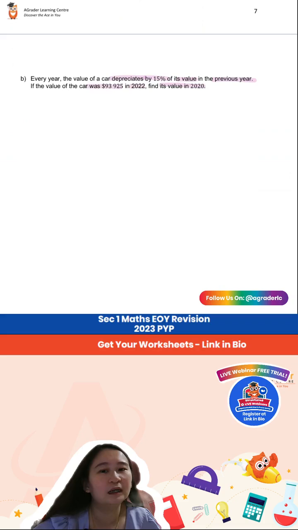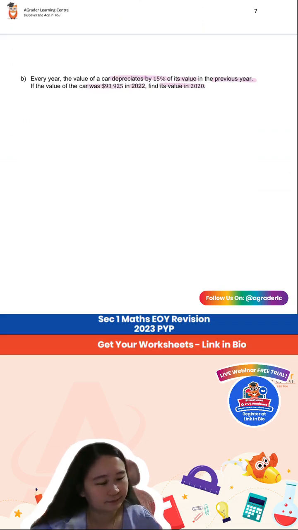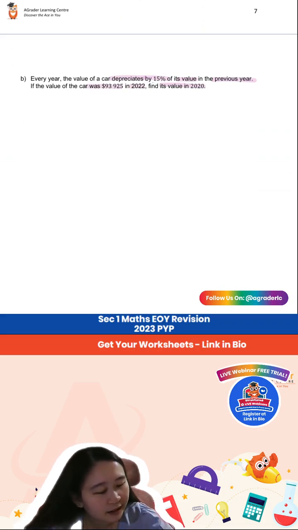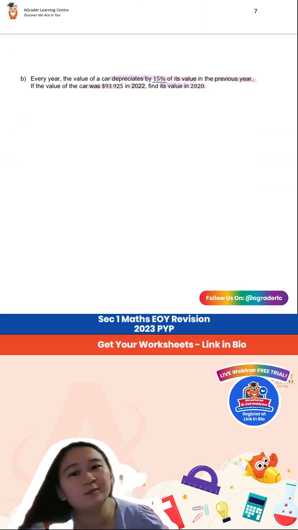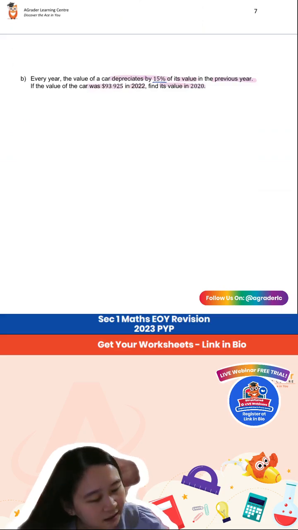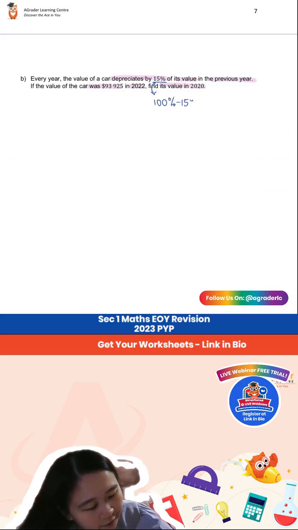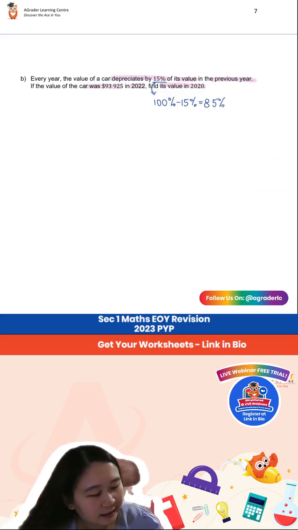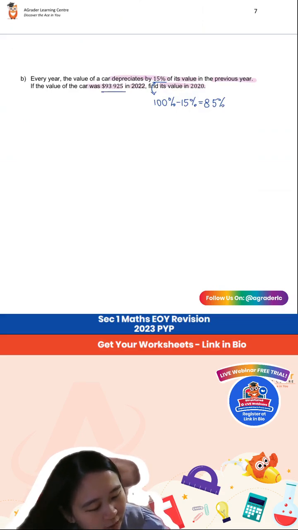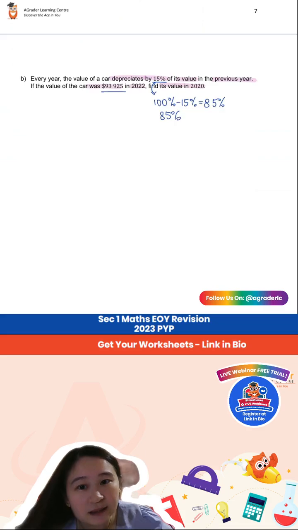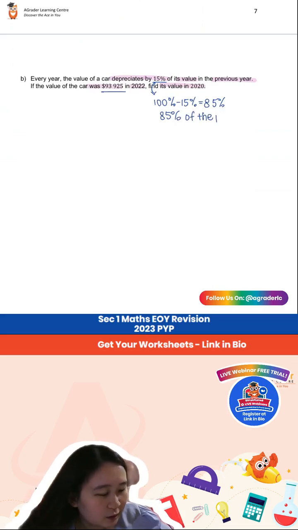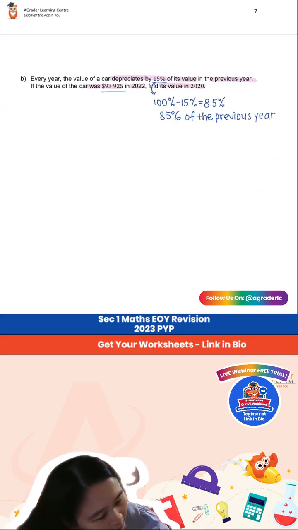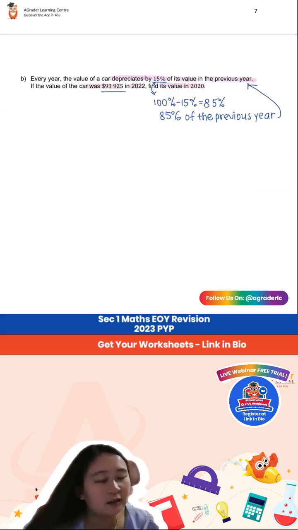So the value in the early years will be higher. If they tell you that it depreciates by 15% of its value in the previous year, you take 100% minus 15% equals 85%. So for 2022, it is 85% of the previous year's value.